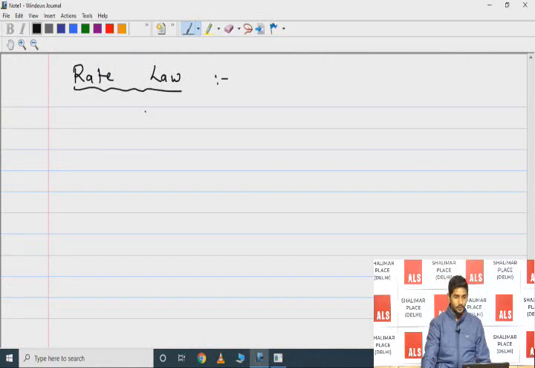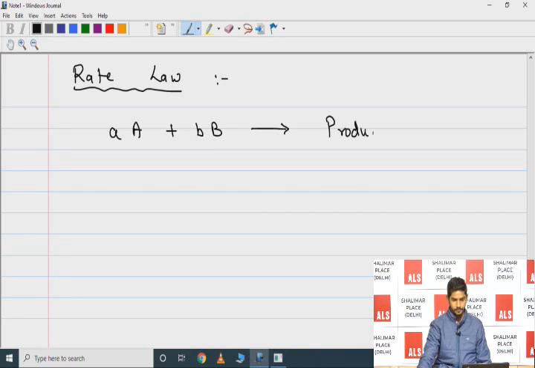Okay, so let's consider a reaction A plus B is giving us some products. Okay, so now we have to write the rate for this one. See, rate simply says that it is the product of concentration of reacting species only.